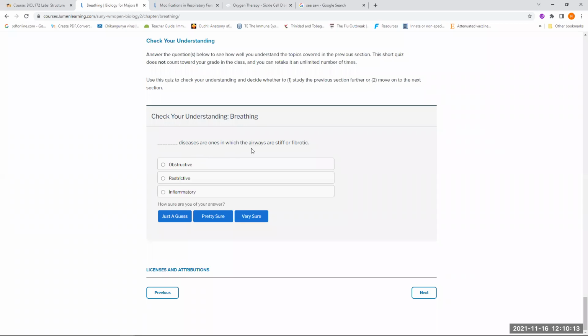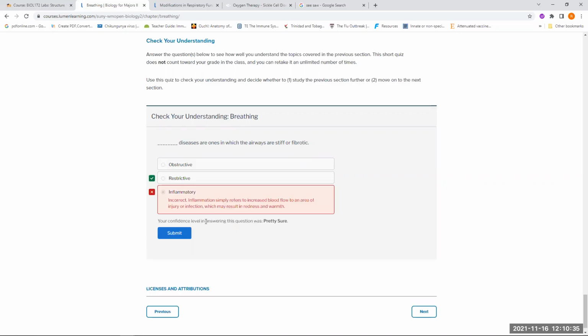Diseases are ones in which the airways are stiff or fibrotic. Inflammatory. Right, they are stiff. So we have inflammatory, restrictive.